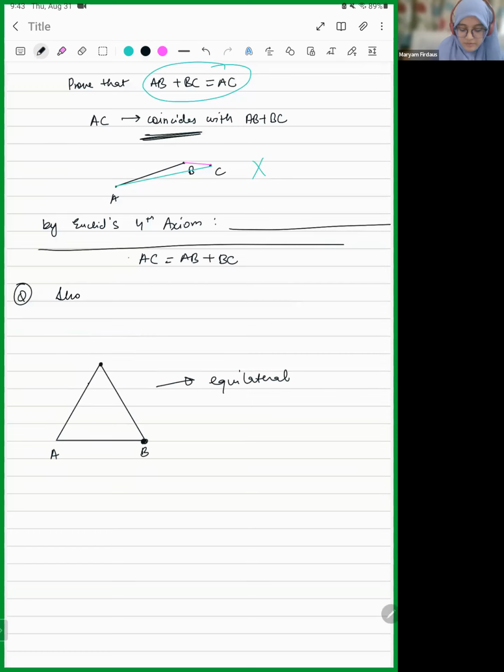Show that an equilateral triangle can be constructed on any given line segment.